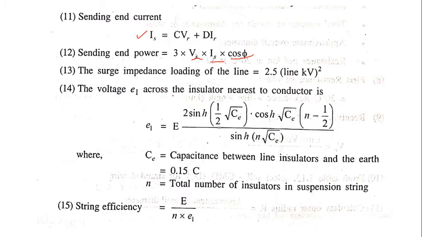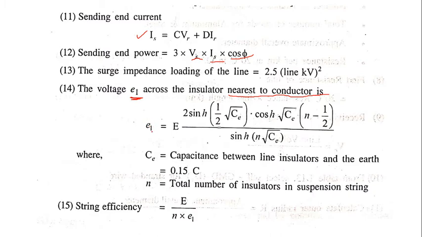Now the voltage E1 across the insulator nearest to the conductor, we need to find the E1 value for finding the string efficiency. So for the insulation disc nearest to the conductor, we need to find the voltage at that disc.